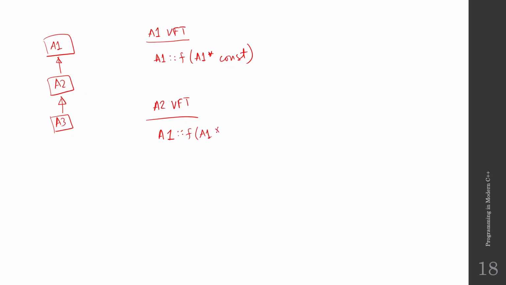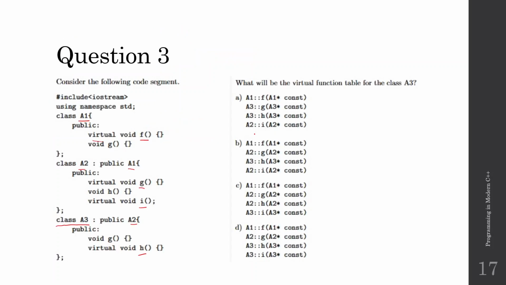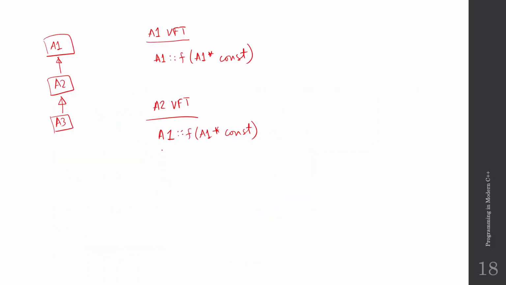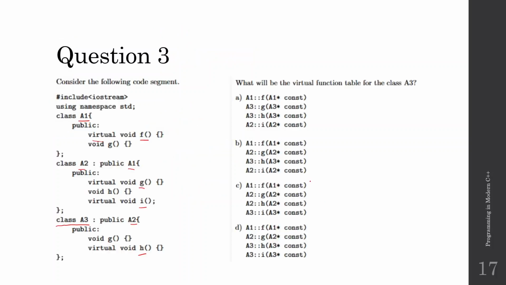Now g and i will be of A2 class. And h is not a virtual function, so h won't be in the VFT.